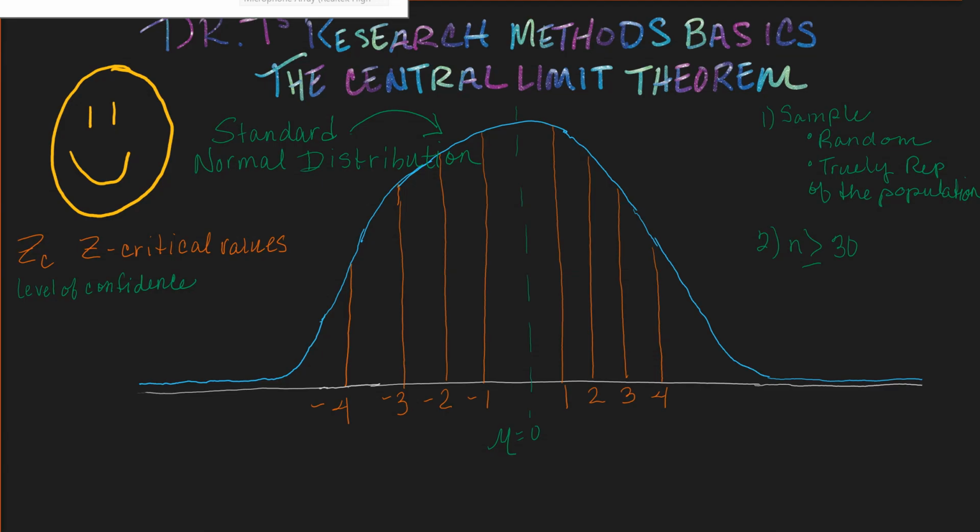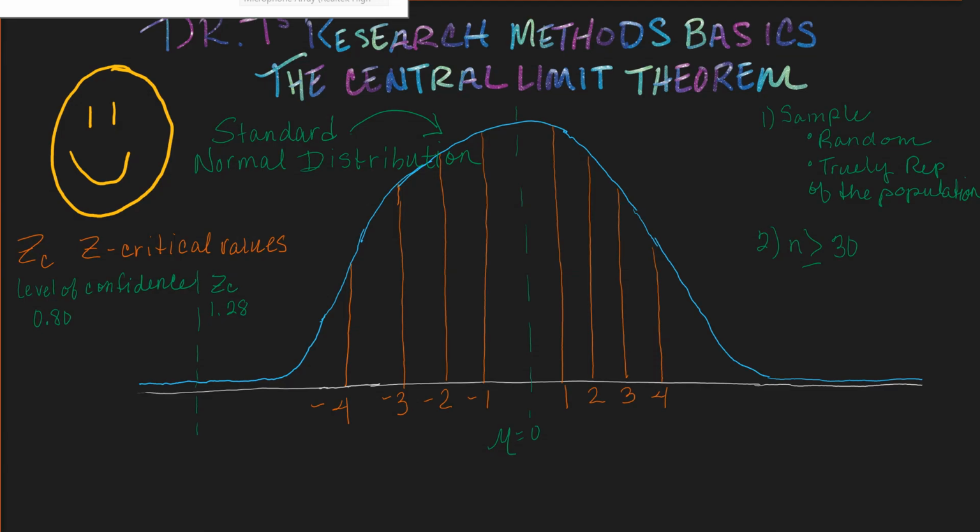So if we want our level of confidence to be 80%, where we could say we're 80% confident that whatever the value is falls where we're telling you, then the z-critical value is 1.28. Now, I'll draw this out so you understand it better in just a second.